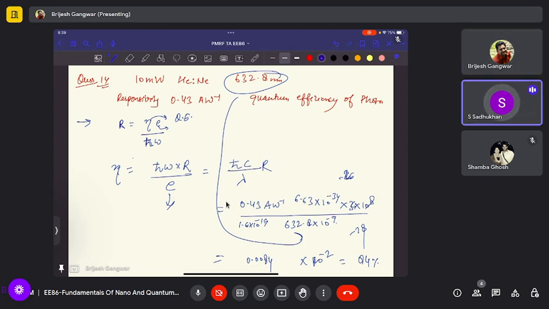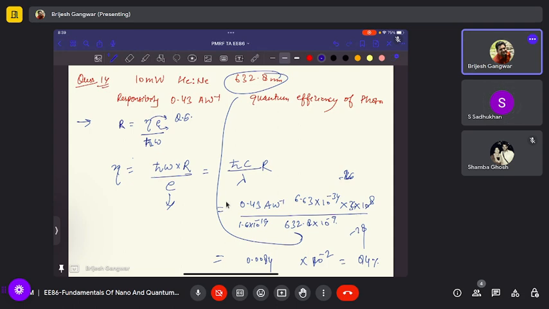Sir, what is the use of this 10 milliwatt power that has been given at first? There is no use of it in this formula. This is for your confusion only.